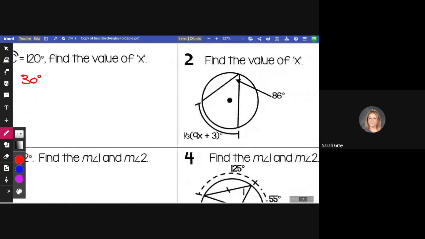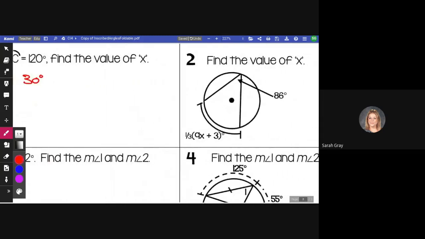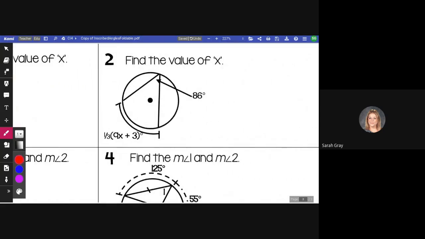Okay. How about this one? This one's actually easier. Why didn't we do this one first? Just need a little algebra in here. Is our expression, are we going to multiply by 2 or are we going to multiply it by a half?